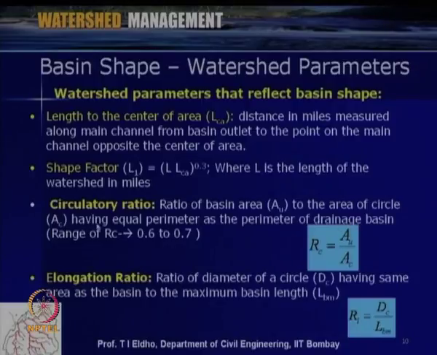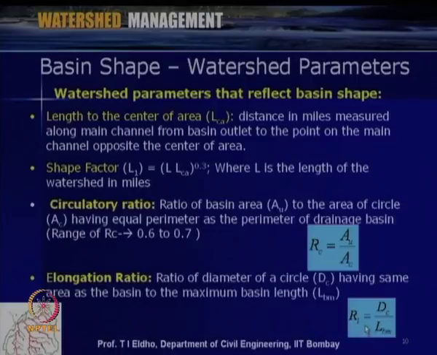Generally, depending upon the watershed, the circulatory ratio can vary from 0.6 to 0.7. Then, as far as shape is concerned, another important parameter is the so-called elongation ratio. As I mentioned, this shows what the shape is like, say narrow type or broad type watershed. The elongation ratio is the ratio of the diameter of a circle, say DC, having the same area as the basin to the maximum basin length.